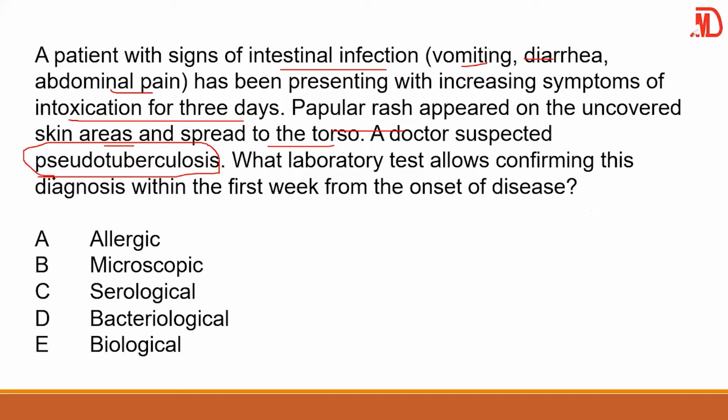That means false tuberculosis, or something trying to mimic tuberculosis, isn't it? Pseudotuberculosis. What lab test allows confirming this diagnosis within the first week from the onset of the disease?